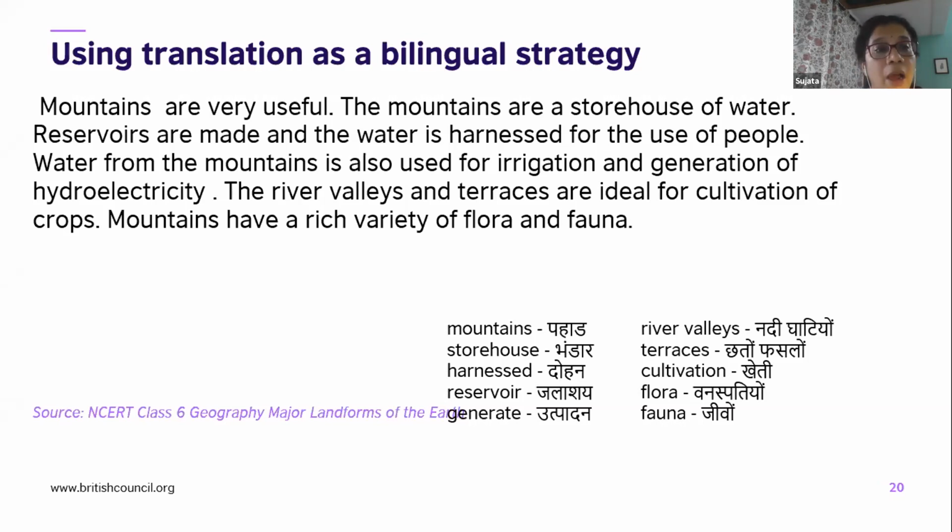For example, harnessed is dohan, cultivation is kheti, river valleys is nadi ghatiyan, fauna is jivo, flora is vanaspatiyan. Now take a minute to read this text and see if you can understand it now, with the help of the keywords.